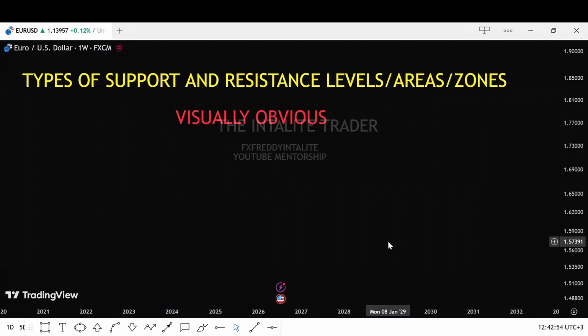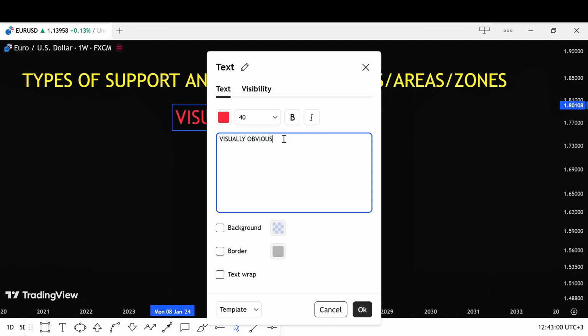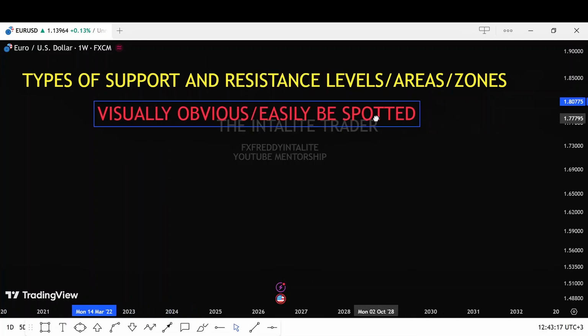So the next type of support and resistance level is called visually obvious, or one which can easily be spotted. Visually obvious or easily spotted.